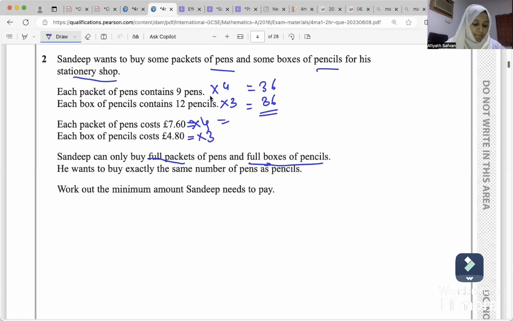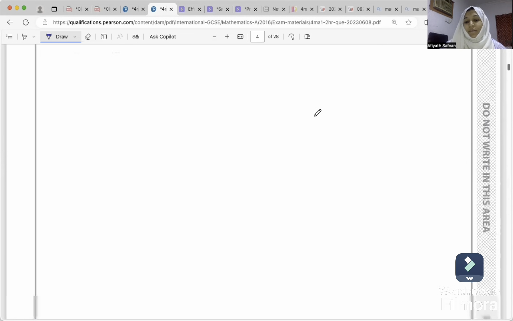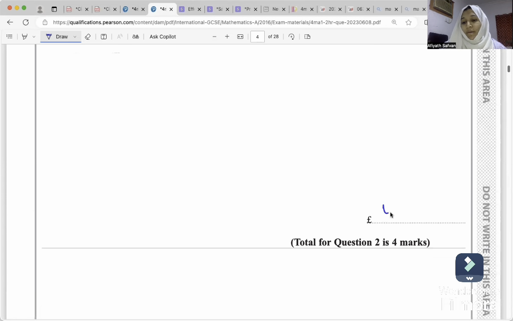So 7.6 into 4 gives 30.4, and 4.8 into 3 is 14.4. If you add both of the numbers, 30.4 plus 14.4, your answer is going to be 44.8, which is the minimum amount Sandeep needs to spend. So it is going to be 44.8.